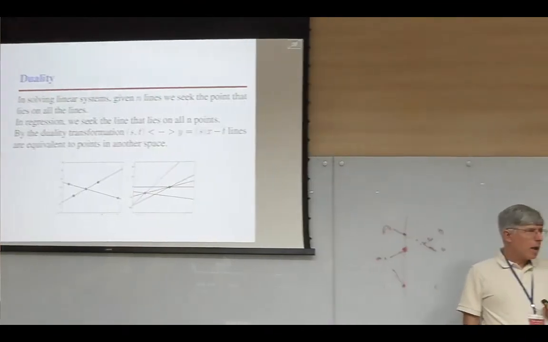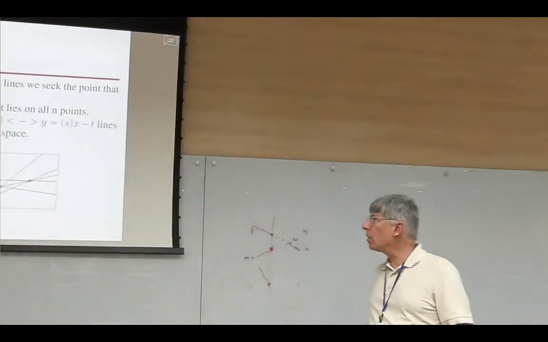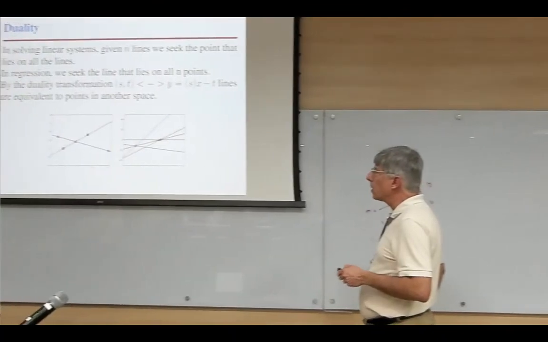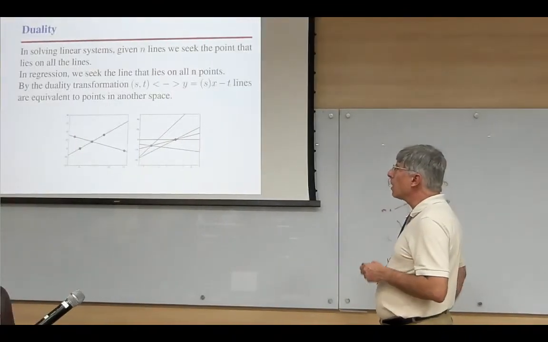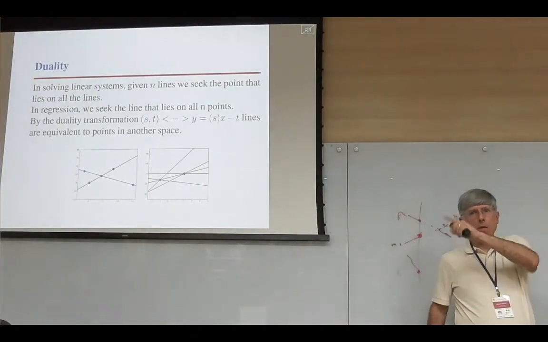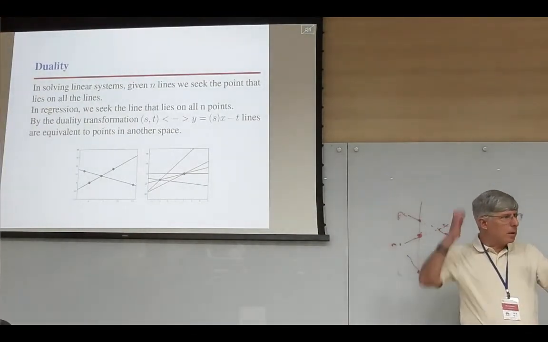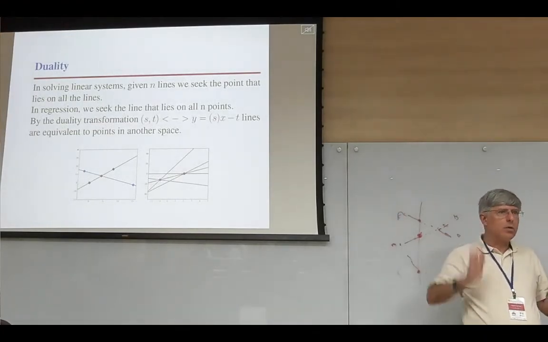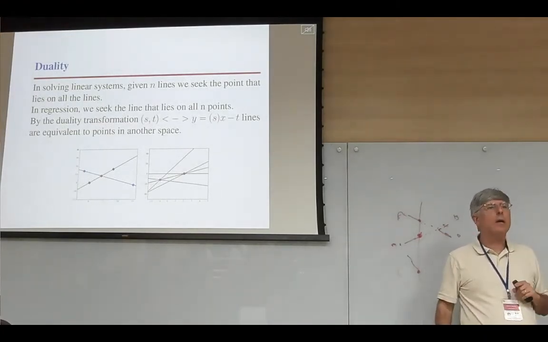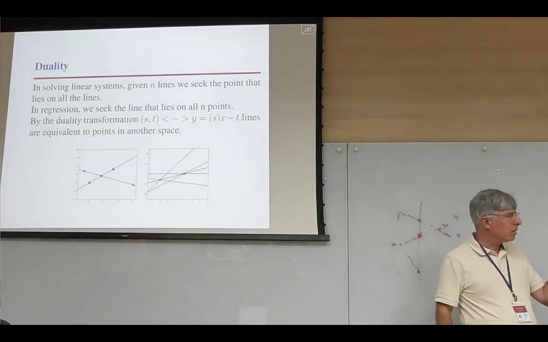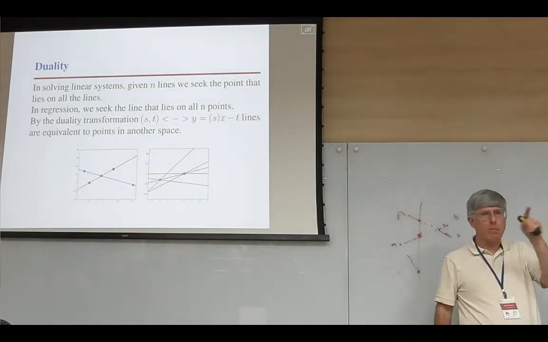It means that I can turn a problem on, in this case, let's say the problem was on lines, to a problem on points. Or I can turn a problem on points into a problem on lines. And sometimes this is a useful way to look at this thing. Any questions about this? This looks like this is new to a lot of people.